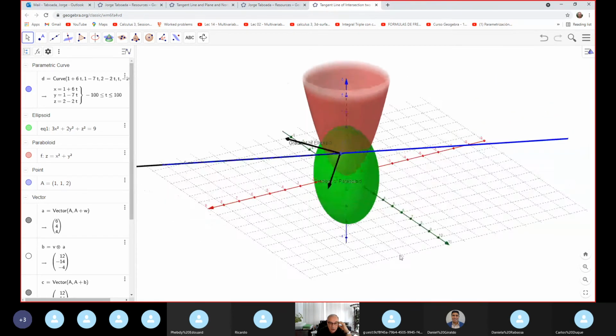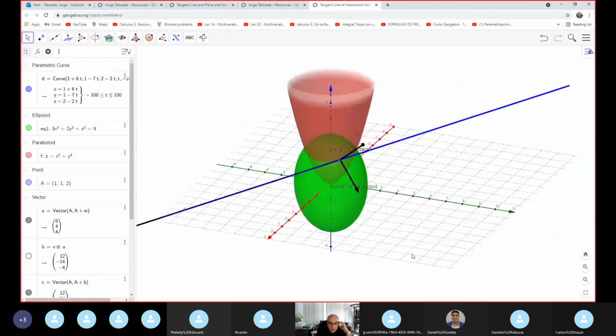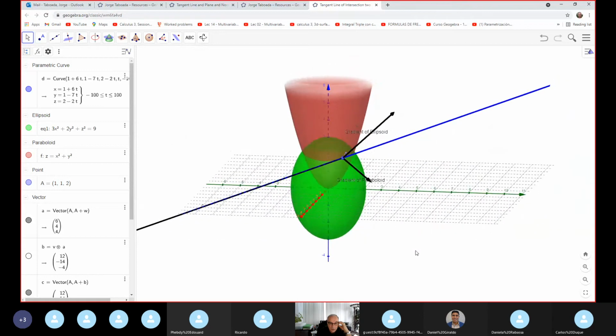The tangent line is a line that touches both surfaces at the same common point. It touches at only one point. That is the reason it's a tangent line. Everything is clear? Wow, amazing. I like that.